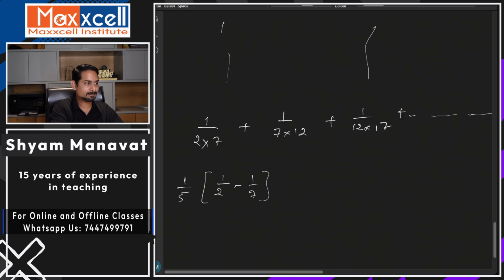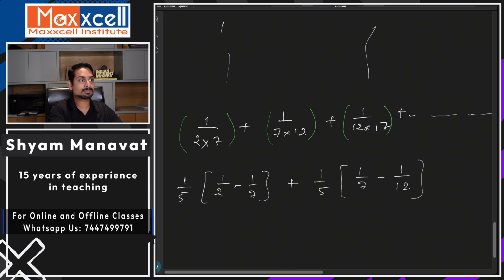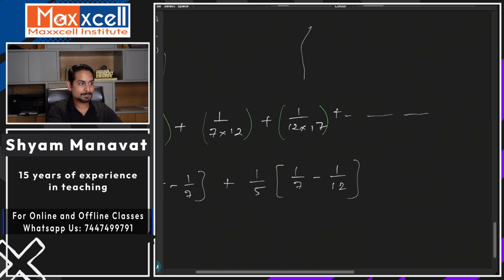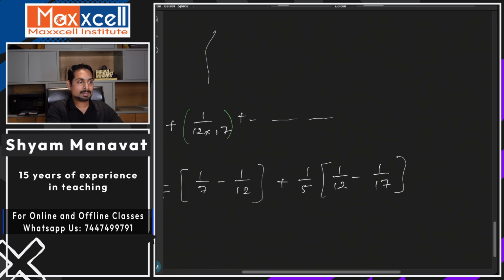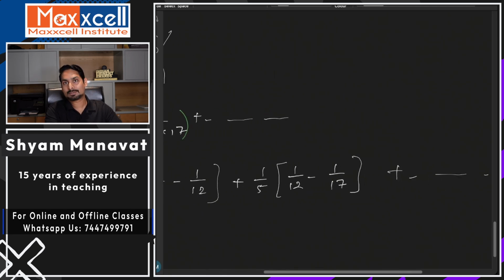That's how we represent the first term. The second term is 1 upon 5 into 1 upon 7 minus 1 upon 12. That's the second term. And the third term, I will write it as 1 upon 5 into 1 upon 12 minus 1 upon 17. Right? And so on.